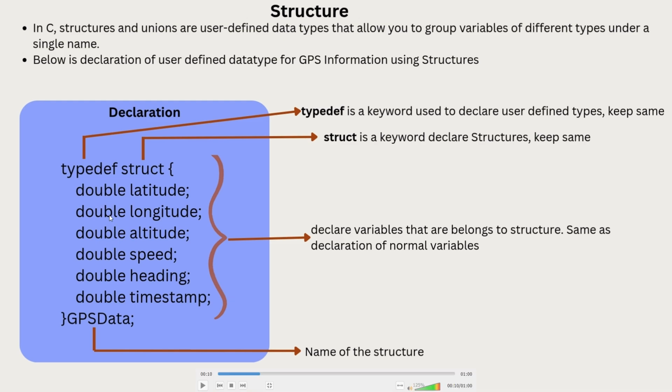Like you can see all these are primitive data types. Here you can include user defined data types also, but in this example I only chose primitive data types. So you have typedef, struct, and all you will declare, and here you give the name and close. So in this way you can declare one structure.